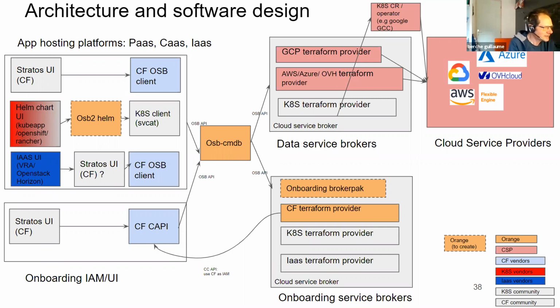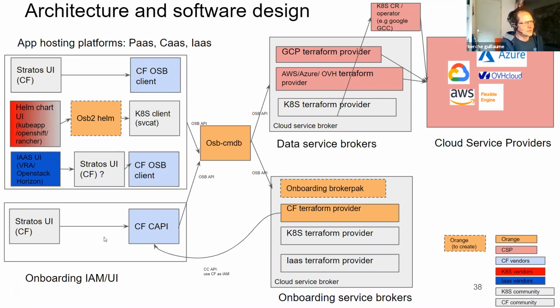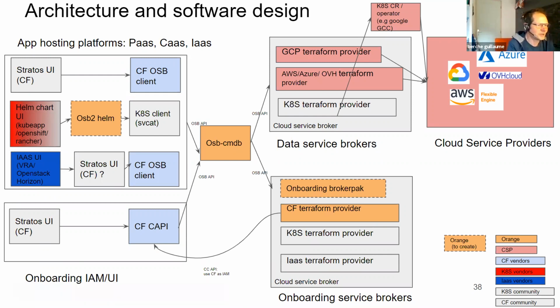For the first onboarding case that I was showing, creating a project and then onboarding to platforms, the user would end up in Stratos and discover service offerings. These service offerings would be supported by the different onboarding service brokers.